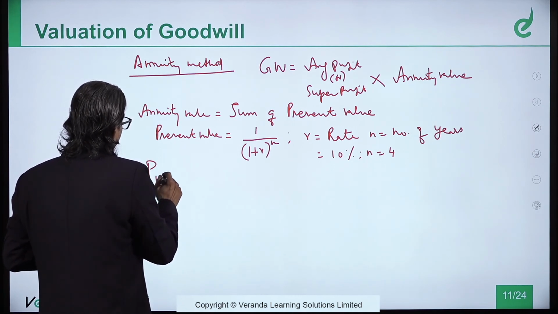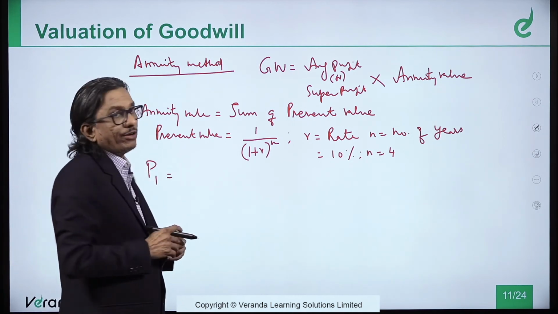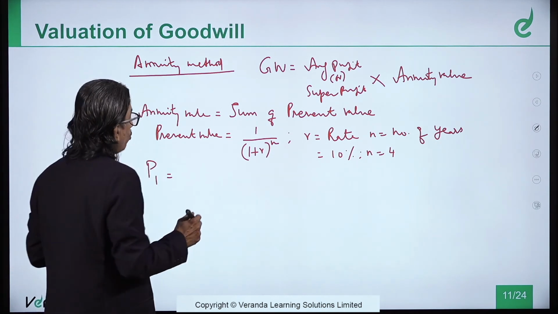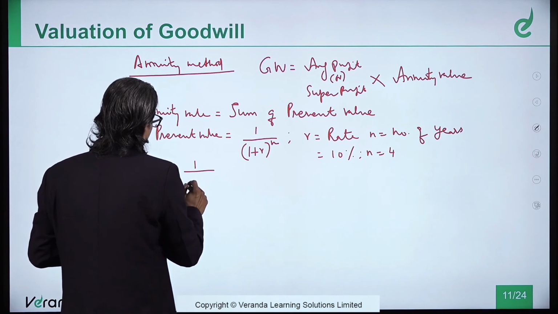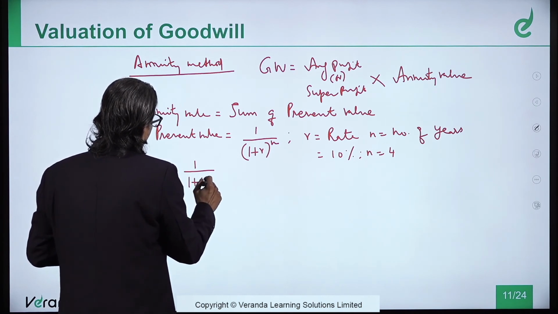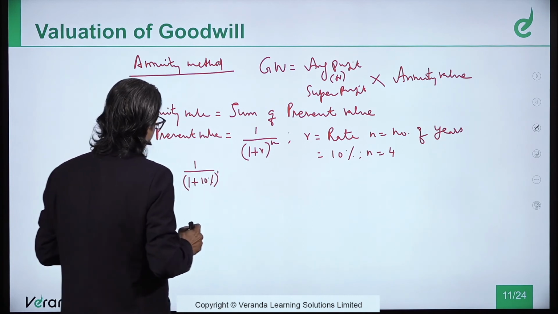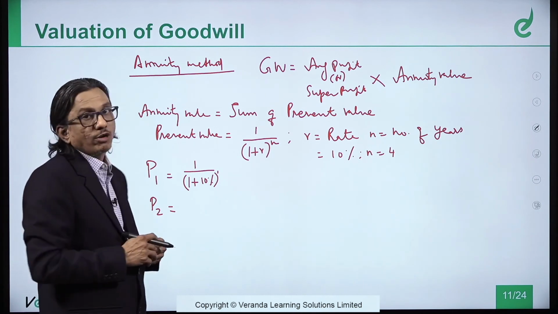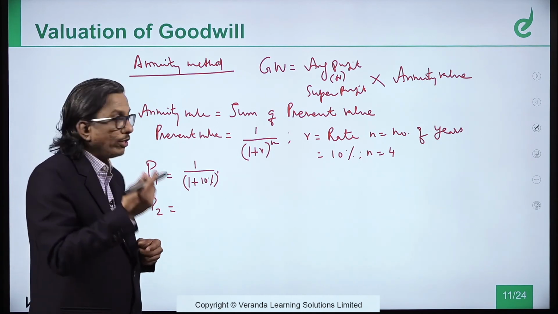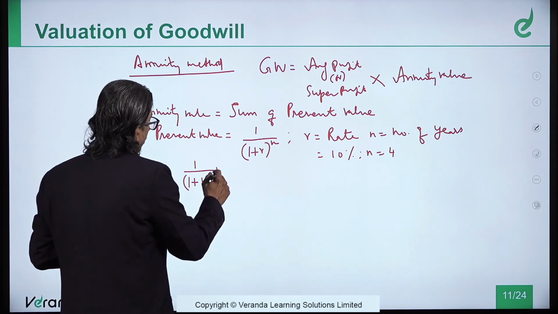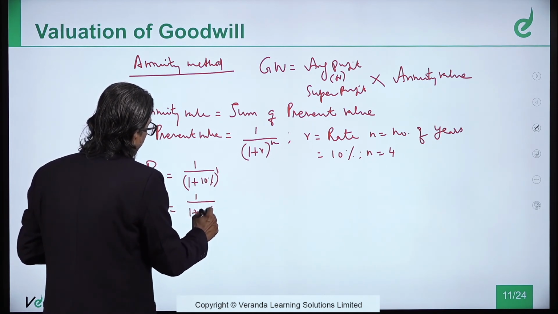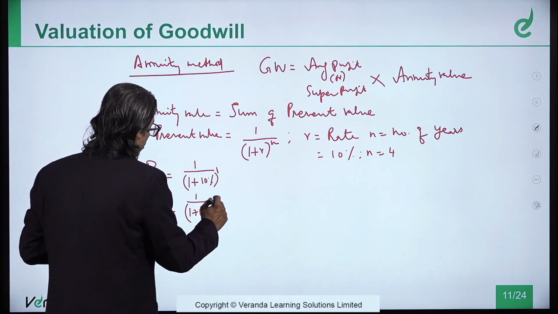So the present value at the end of 1 year, called P1, is equal to what? 1 by (1 plus 10%) whole power 1. P2 will be the present value of 1 rupee at the end of 2 years. That will be 1 by (1 plus 10%) whole power 2.